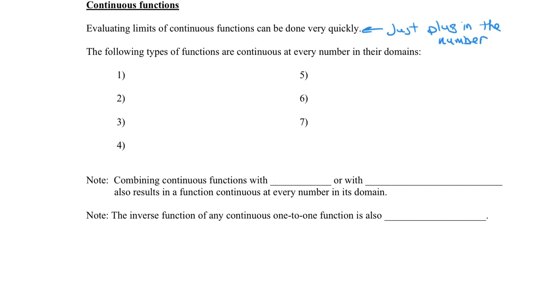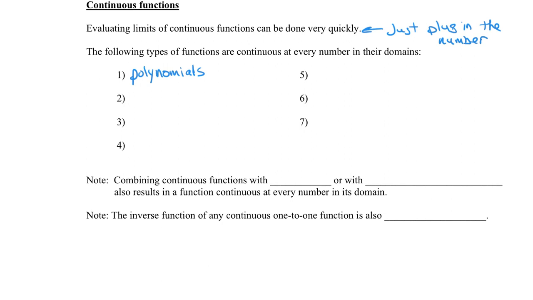The good news for us is that pretty much every function you've ever seen is a continuous function on its domain. Let's take a look at these. The following types of functions are continuous at every number in their domains. I'm going to list these off. Polynomials are the nicest functions to use.